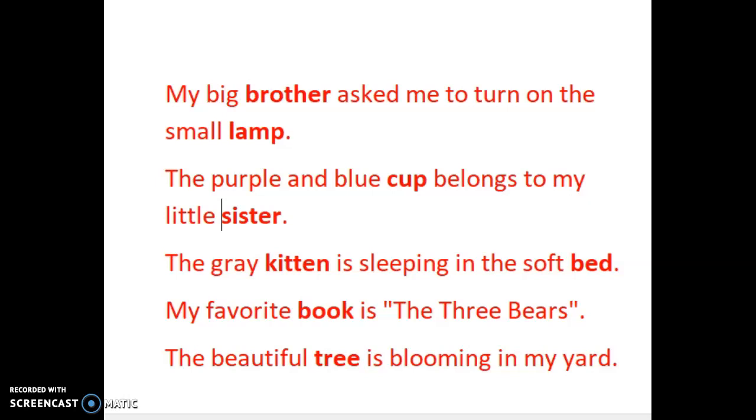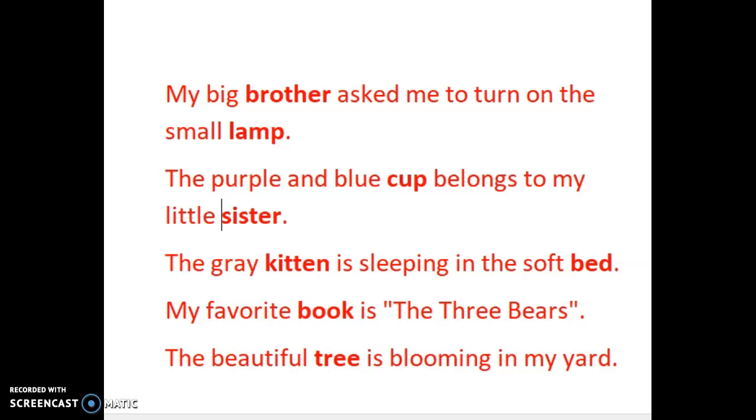And our second noun in our sentence is lamp. We know that is the object of the preposition, and we see that word small. It tells us which one, the small lamp. So sometimes we get kind of confused with adjectives or adverbs. Sometimes we get confused with our prepositional phrases, which one word is the opposite of the preposition.